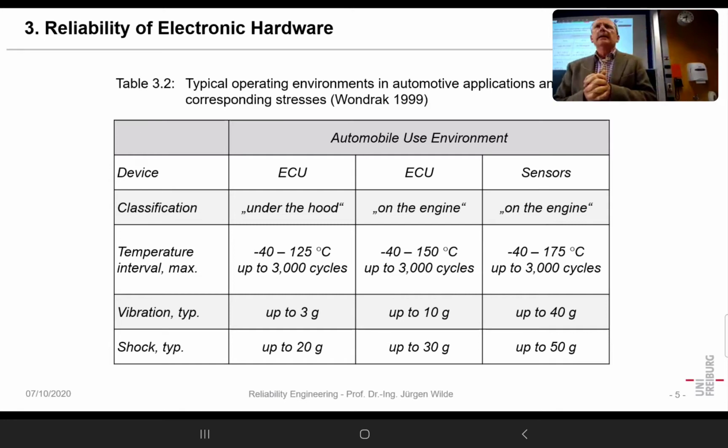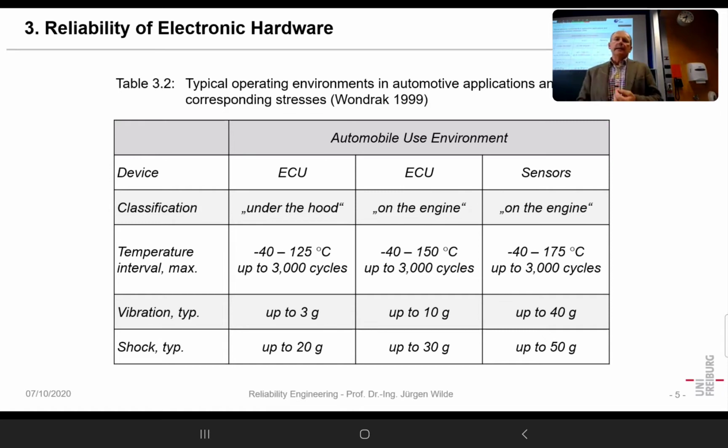We have other cycles. For instance, when you drive a car in city traffic, and often you have stop and go traffic, that can mean the temperature in some sensor, for instance, goes up and cools down, and after a few hundred meters, again, the same cycle.